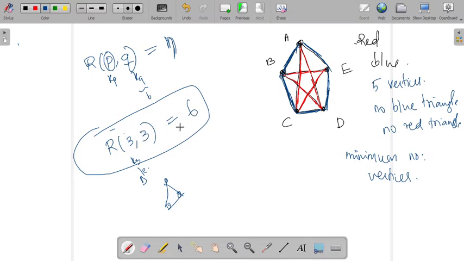So the minimum number of vertices that guarantee a blue triangle or a red triangle is called R of 3. So R(3,3) is equal to 6.